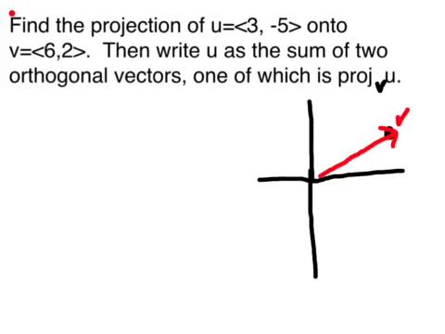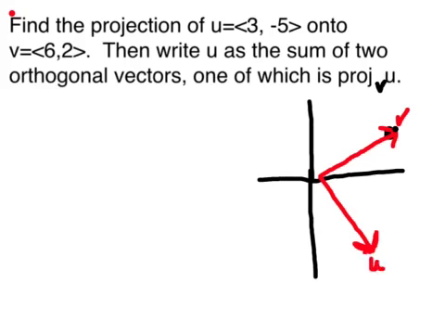So if that's vector v, and then I want to have vector u. If this is 6, 2, let's say that 3, negative 5 was here. I'm just approximating things for us to have a picture. This is vector u.